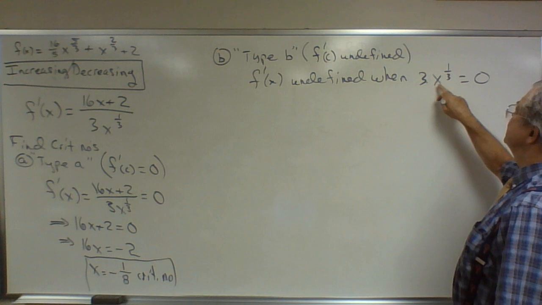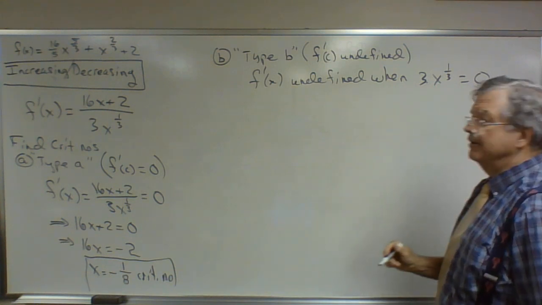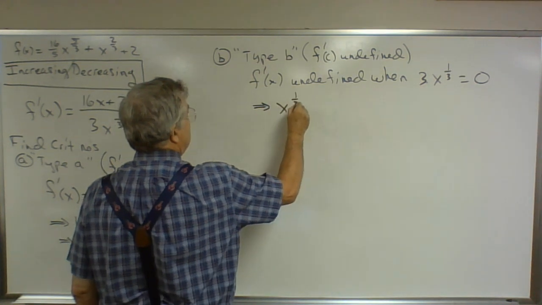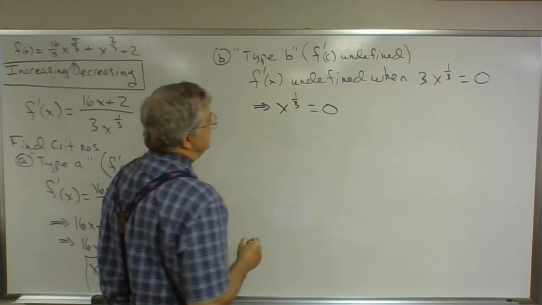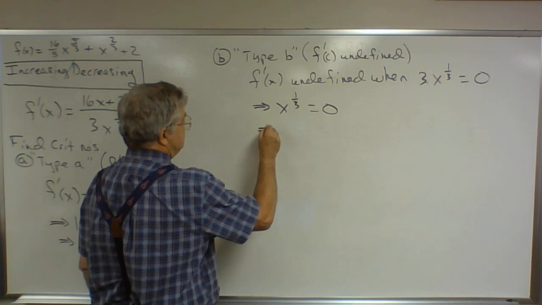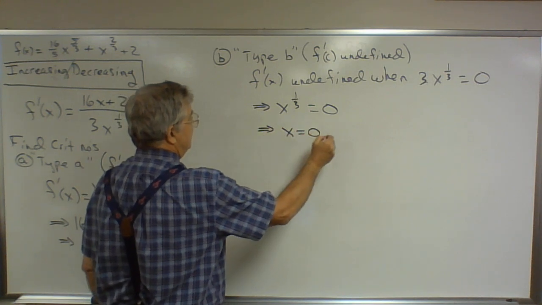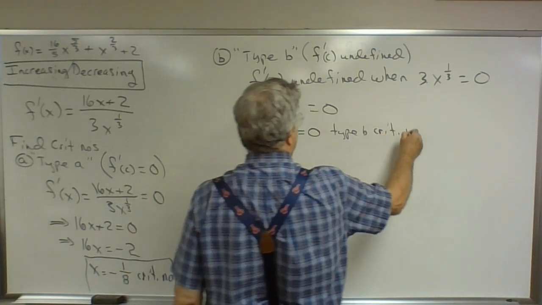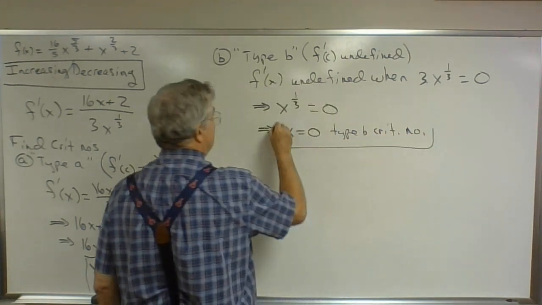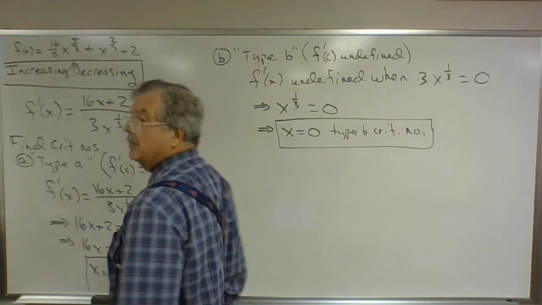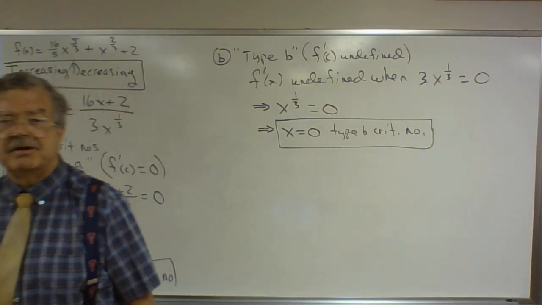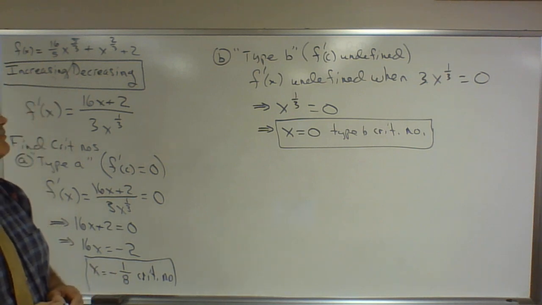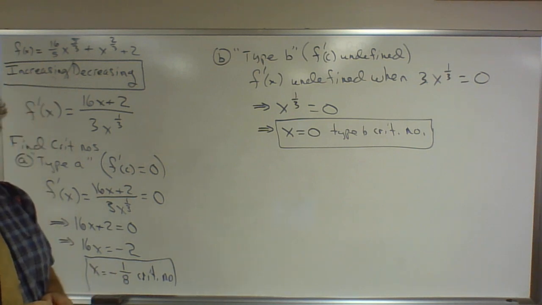Either 3's got to be 0 or x to the 1/3 is 0. And the cube root of what is 0? X. We have a type A critical number and a type B critical number. Well, this could be interesting. We got our critical numbers.